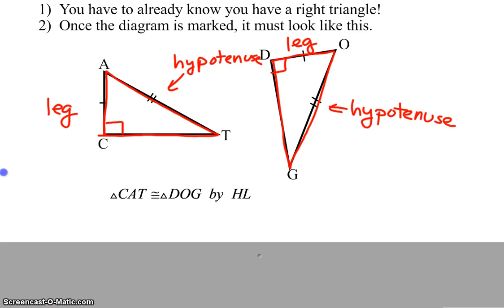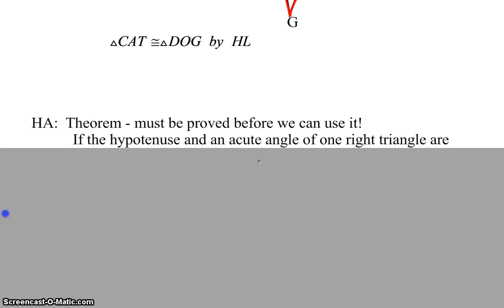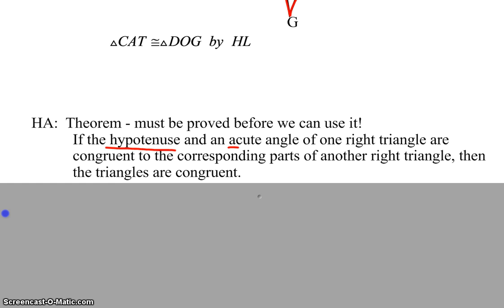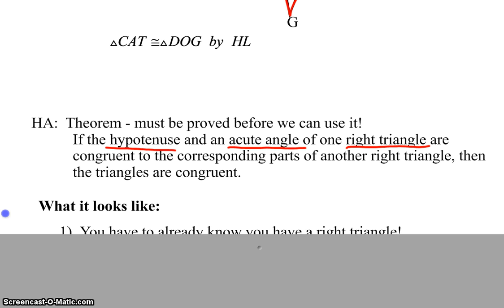Our next theorem is the HA theorem. Now, for HA, it is a theorem, so we have to prove it first. We can't just use it. But notice what it says. It says if the hypotenuse and an acute angle of a right triangle are congruent to the corresponding parts of another right triangle, then the triangles are congruent. Again, we have to start with right triangles. You have to have the hypotenuse, and this time you have to have 2 matching acute angles.